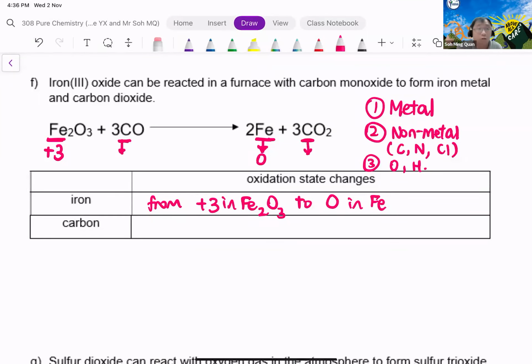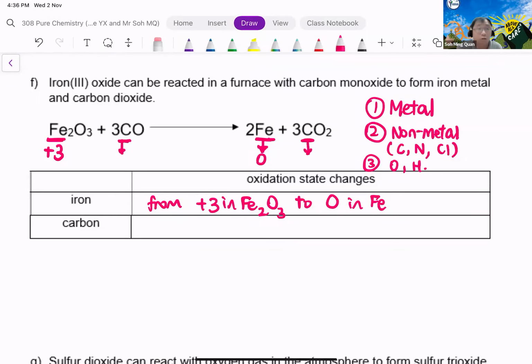So now let's do carbon. Arun, what's the oxidation state of carbon in CO? 0. Carbon is 0? It's a compound. Oxygen is -2, you know. So carbon is +2. Yes. Okay, great.